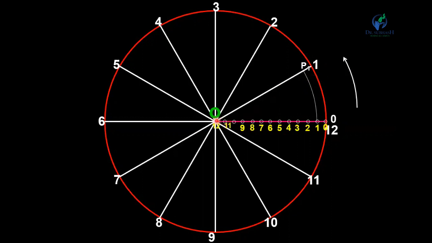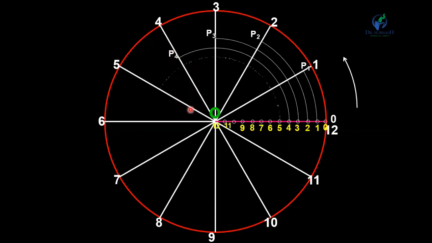Similarly, with O as a center and radius equal to O2, draw an arc up to the line O2, and the intersection point is P2. Now with O as a center and radius equal to O3, draw an arc up to line O3, and the intersection point is P3. Similarly, you can find all the points P1, P2, P3 up to P12. Point P4 is on this line.